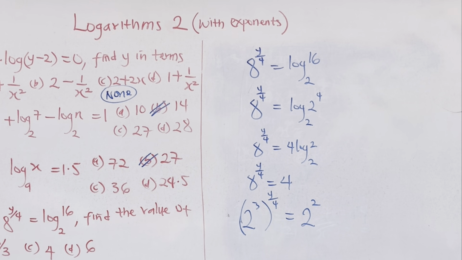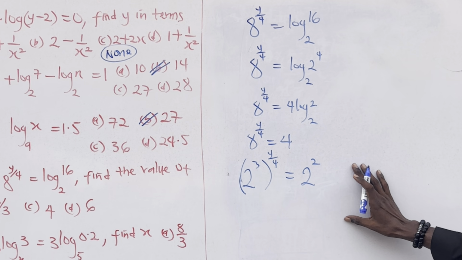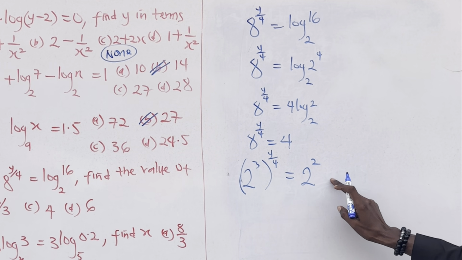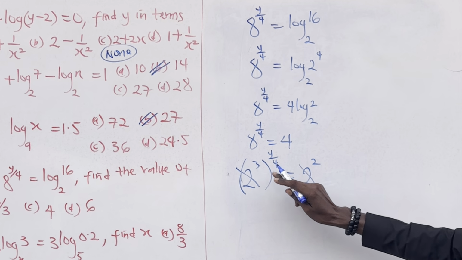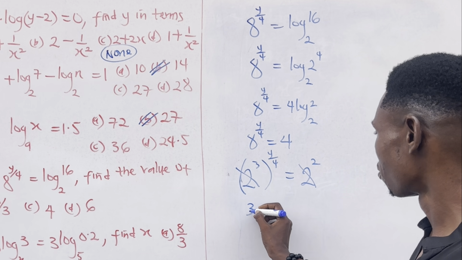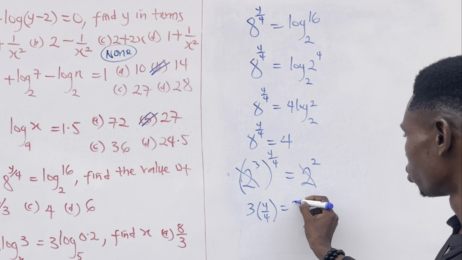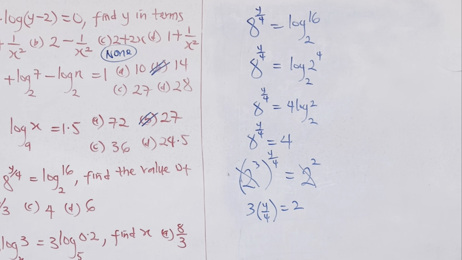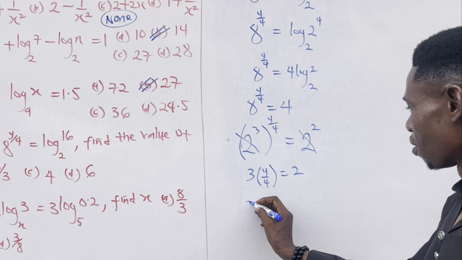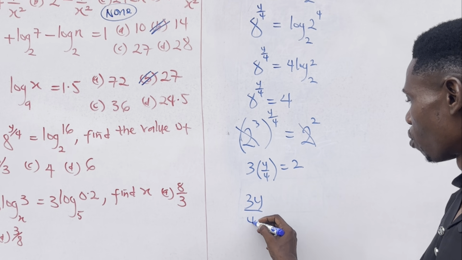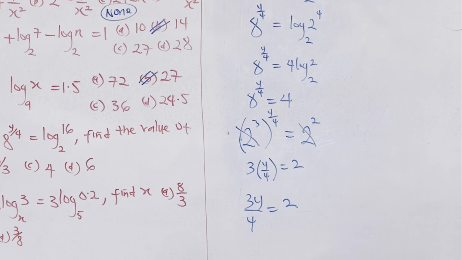So we can equate the powers since the bases are equal. We'll have 3 multiplied by y over 4 equal to 2. So 3y over 4 equals 2.